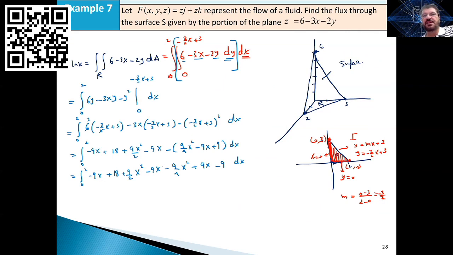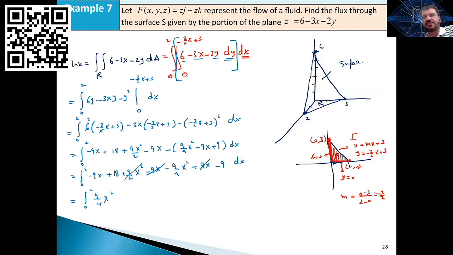Now minus 9x plus 9x, they go away. 9 over 2 minus 9 over 4. So you can make this one actually 18 over 4 minus 9 over 4 is 9 over 4. So this is equal to the integration from 0 to 2, 9 over 4 x squared.